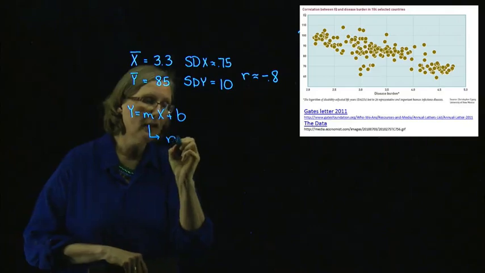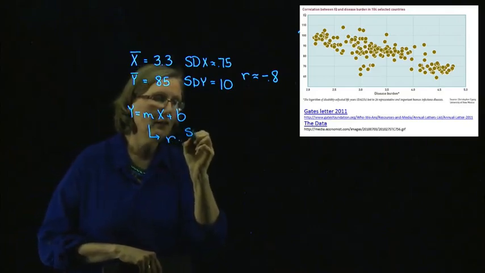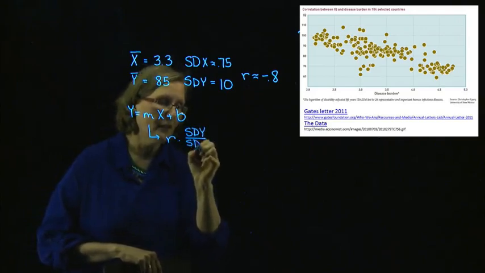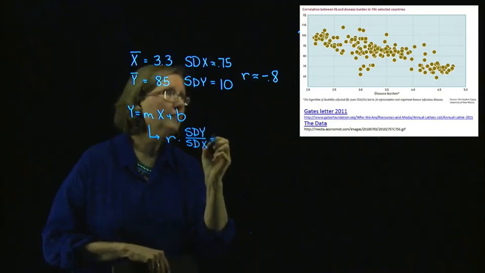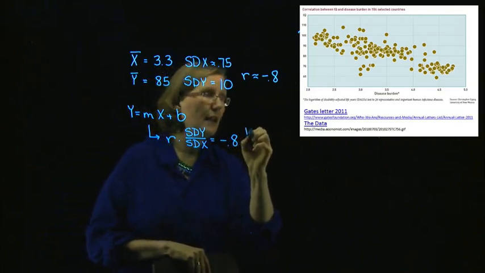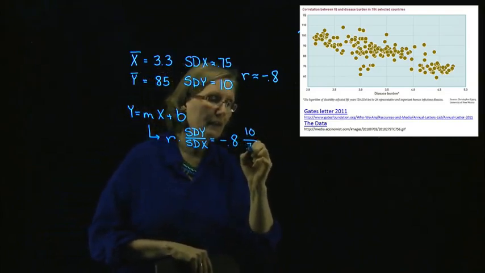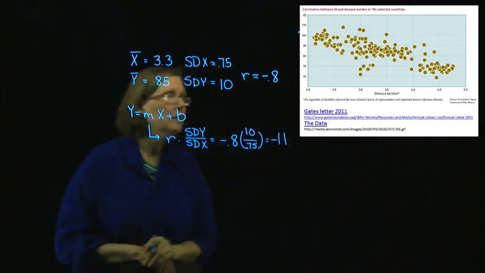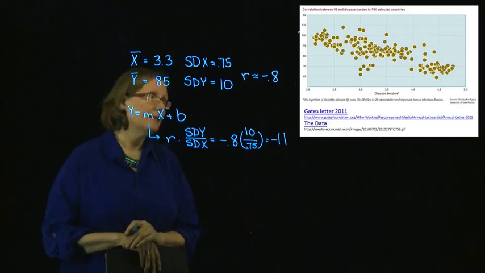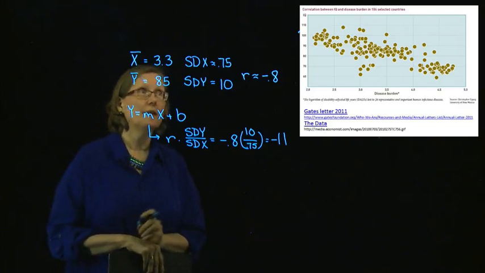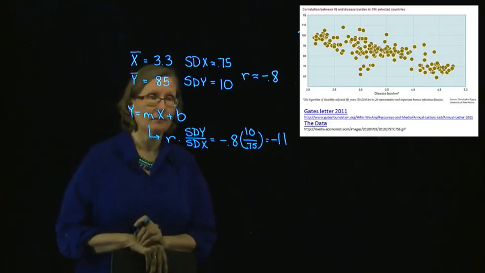Recall, it's the correlation times the ratio of the standard deviation of y over the standard deviation of x. So that's going to be minus 0.8 times 10 over 0.75, which comes out to be negative 11. So as the disease burden increases by 1 unit, the IQ decreases by 11 units.